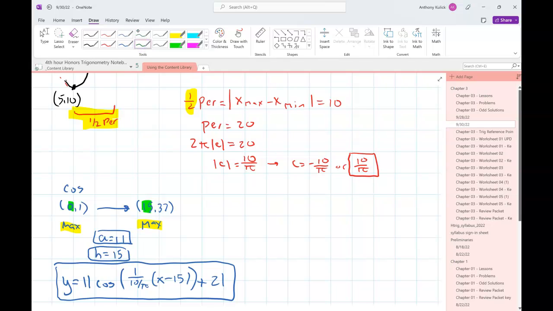Now, if we had used sine, and we made that unfortunate decision to do that, I have to pick an extreme point from the parent function of sine. So let's say I pick the maximum. And let's say we pair that to the maximum here.